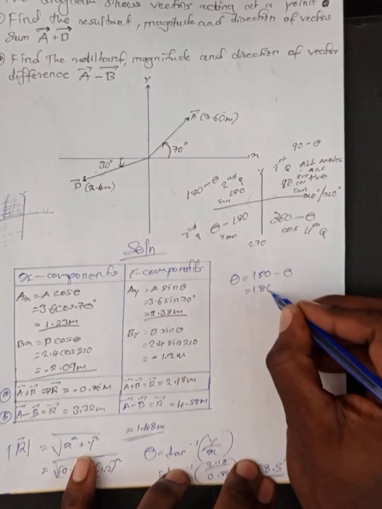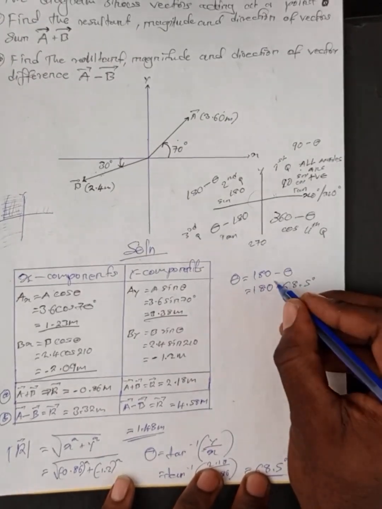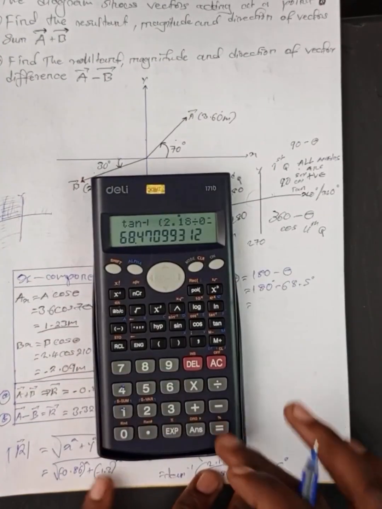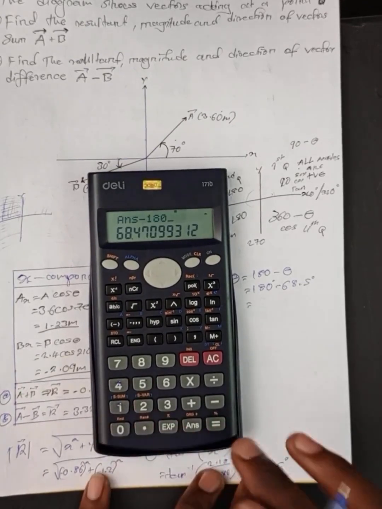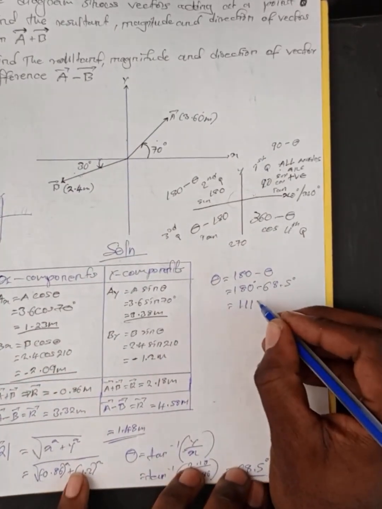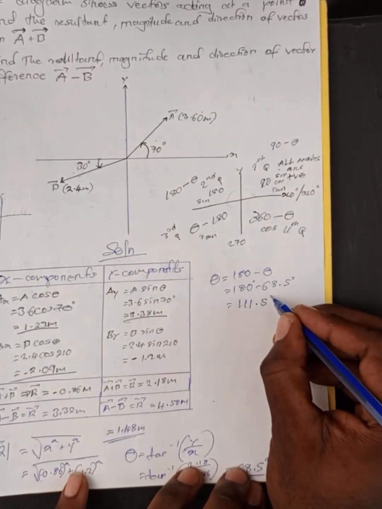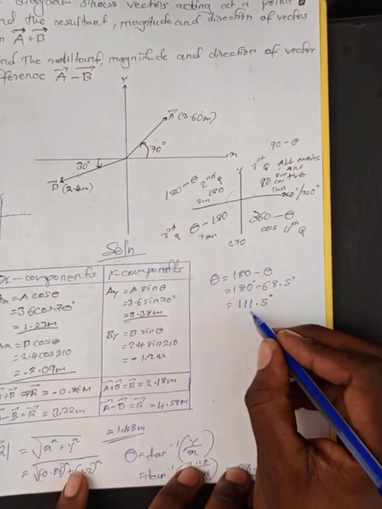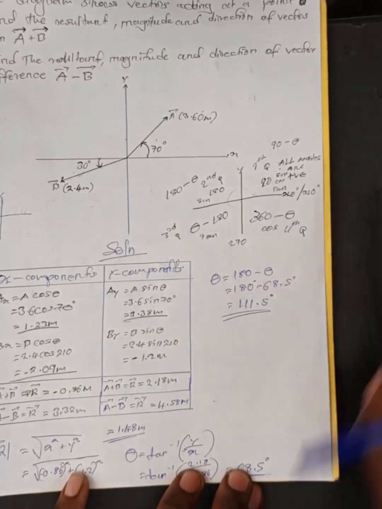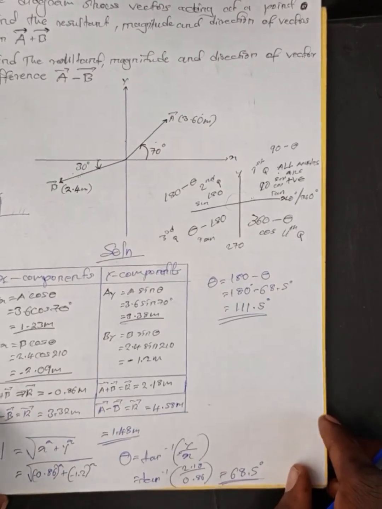So we are going to have 180 minus this number, 68.5 degrees. So what are we going to have? Which is 111.5 degrees. This is our answer.